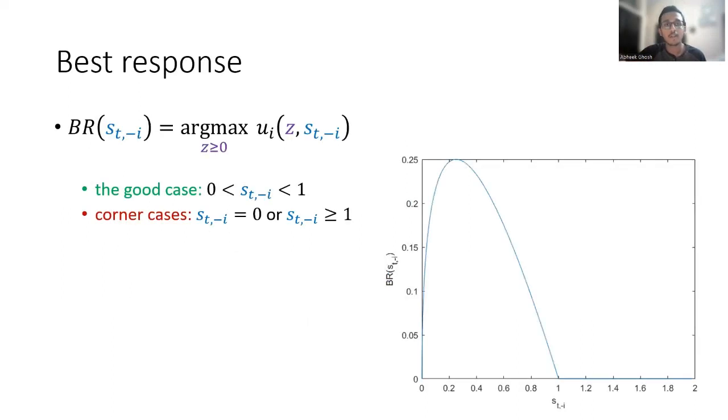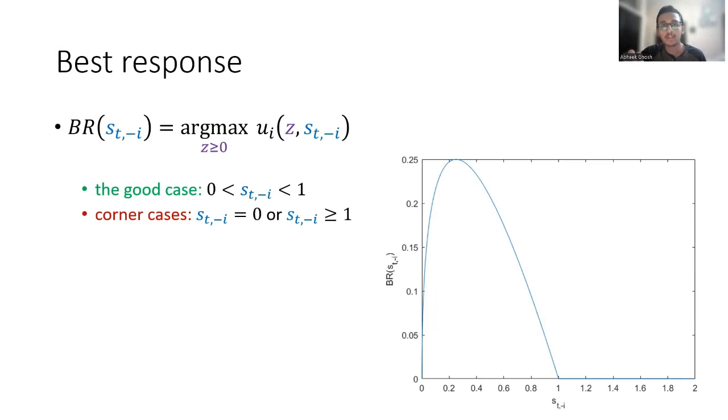Okay, the best response function, which we already have discussed before. For this homogeneous case, where the cost coefficient of all agents is assumed to be 1, the best response of agent i, given the total output of all the other agents, st minus i, is as shown in the plot. So the best response function is a smooth curve between 0 and 1.